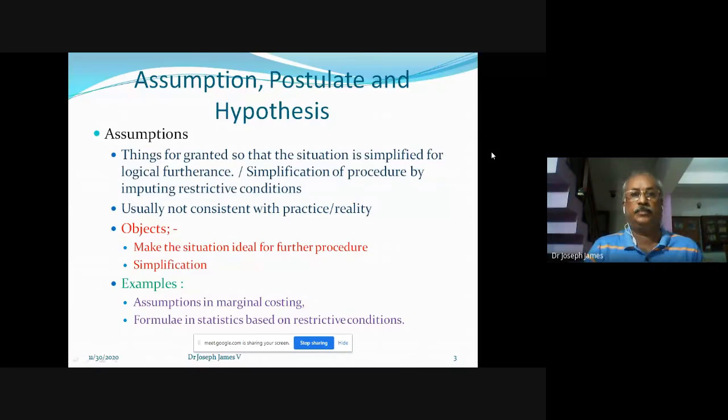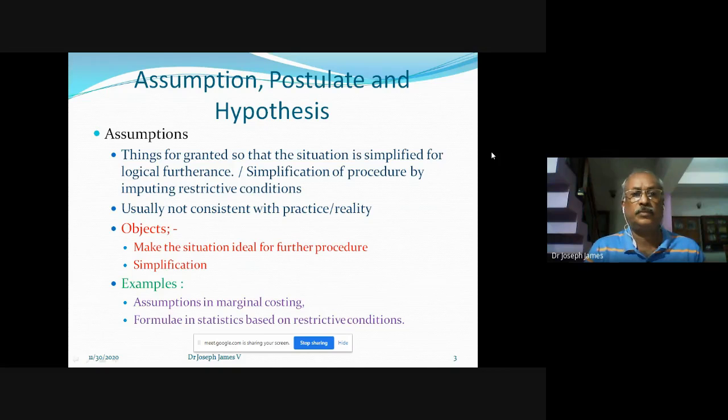We will be getting an idea on hypothesis, or a bit more clear idea on hypothesis by making a demarcation among assumption, postulate, and hypothesis. Somebody may say that hypothesis is an assumption, but in a strict sense, there is a difference between assumption and hypothesis.